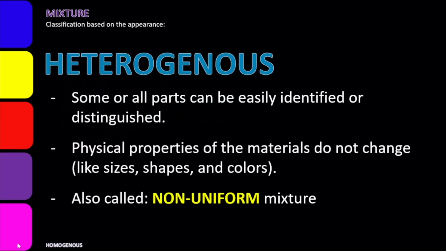Now we go to heterogeneous mixture. Sabi dito, some or all parts can be easily identified or distinguished. Ibig sabihin ng class, merong ilan or lahat ng parte na hinalo mo, yung iba't ibang bagay na hinalo mo, ay nakikita mo pa, nakikilala mo pa. Physical properties of the materials do not change. Hindi nagbabago yung physical na properties katulad ng sizes, shapes, colors, kung ano yung size nila, shape nila, colors nila.